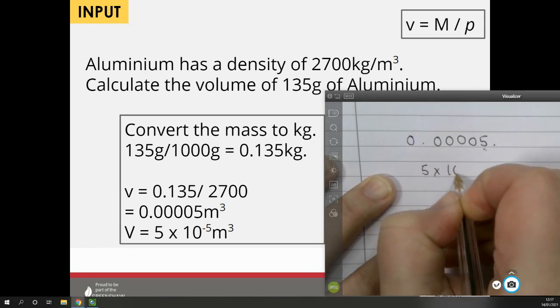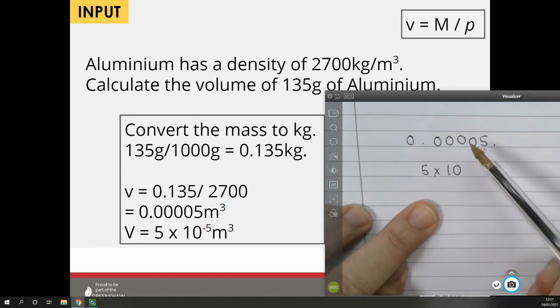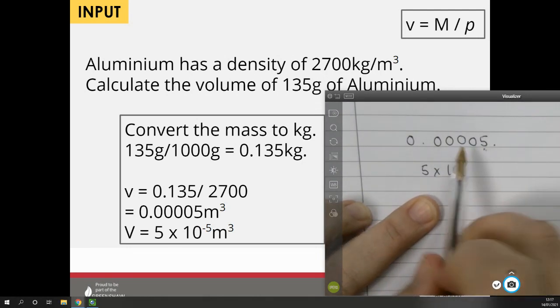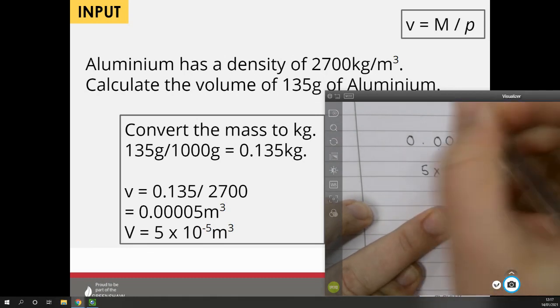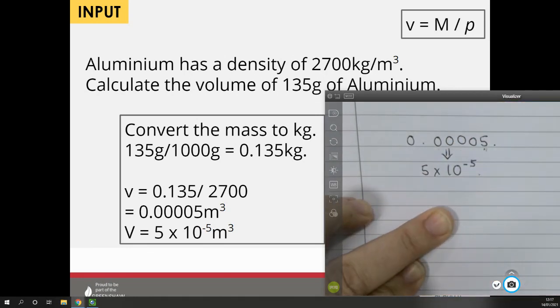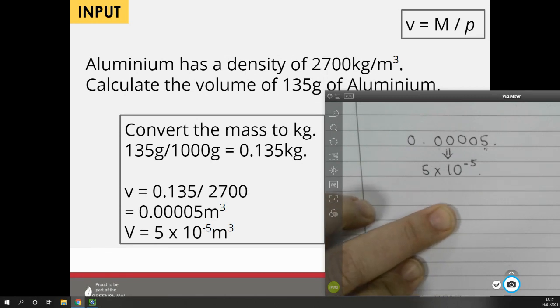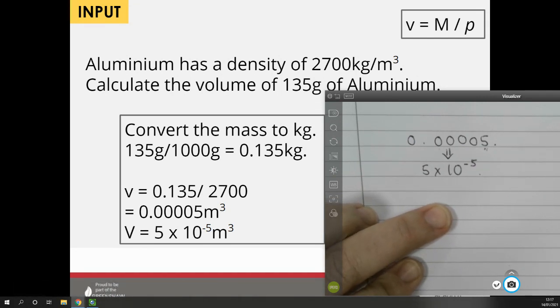So 5 times 10, because it's in the decimals, it's going to be minus, and then remember how many places we said? 1, 2, 3, 4, 5. So 0.00005 can be written as 5 times 10 to the minus 5. If you need more help with standard form, there is Corbett Maths, there is Hegarty Maths. You also have some fantastic maths teachers. Let's use them.